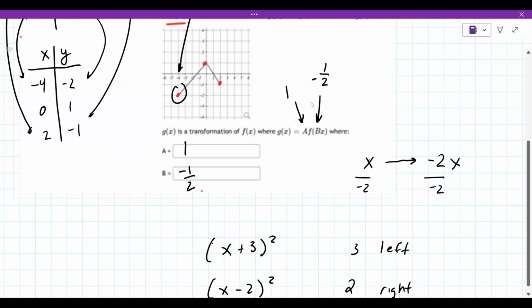So having the half in front would, yeah, sorry, inside the function and in front of x, you know what I mean? So multiplied by x. So like, let's say, a of f times, so x would be -1.